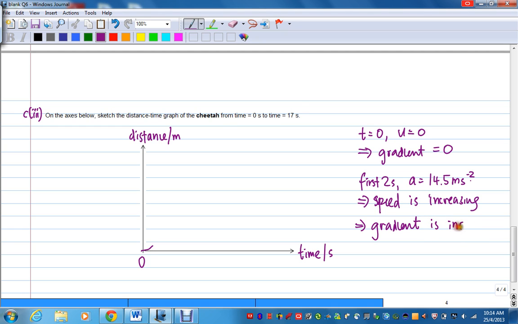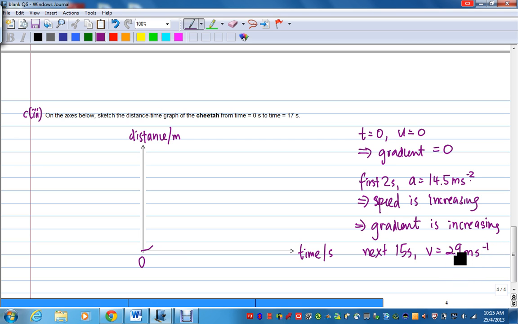So from t equals 0 to t equals 2 seconds, I must show increasing gradient. And for the next 15 seconds, the acceleration is actually 0 and the velocity is constant at 29 meters per second.